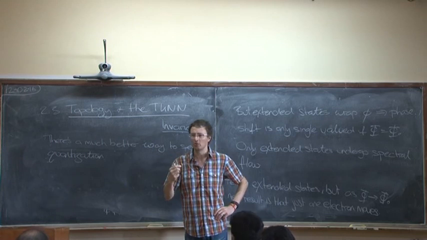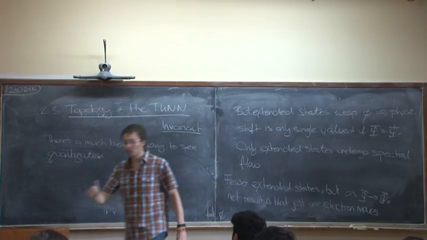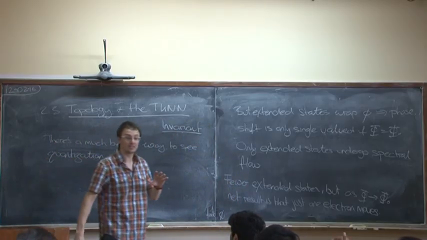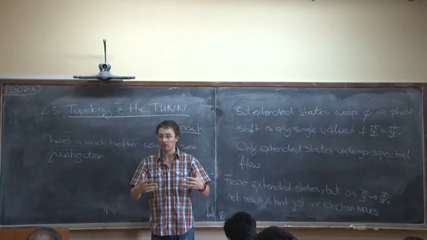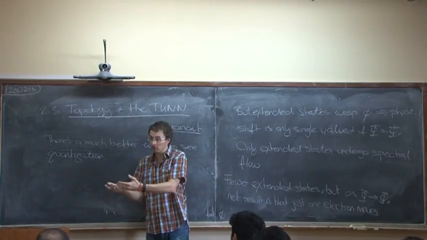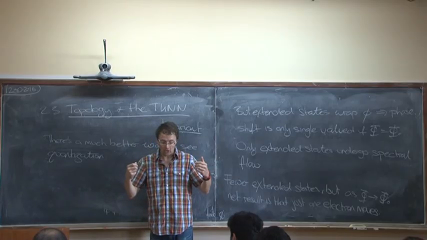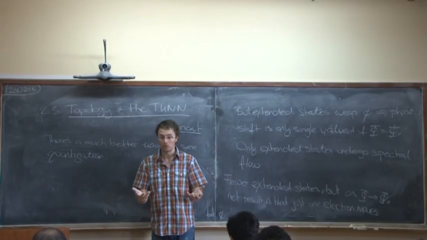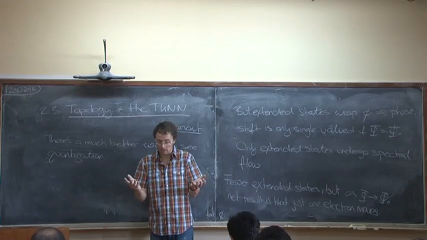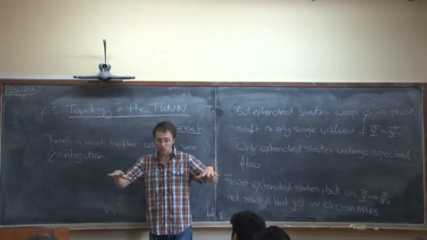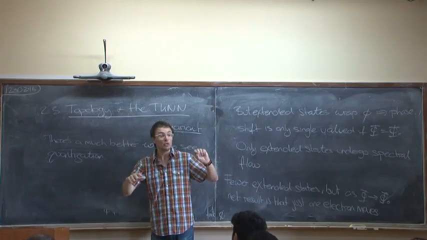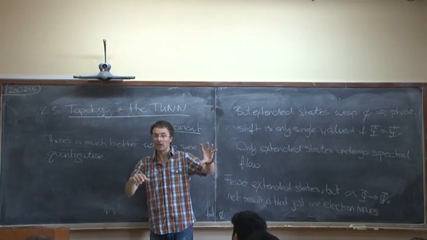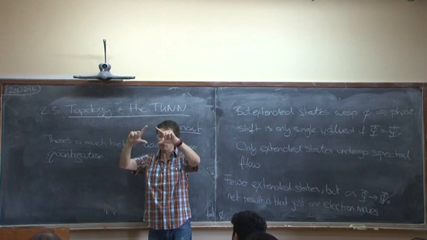Who's never seen a Kubo formula? So what are Kubo formulas? They're very simple. It's perturbation theory in quantum mechanics or in quantum field theory that allows you to compute the response of a system. A very simple setup: you have some system and you want to compute the conductivity. You perturb it by an electric field, and then you want to compute the expectation value of the current.